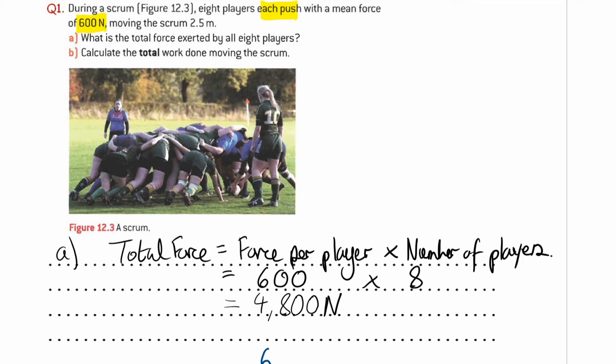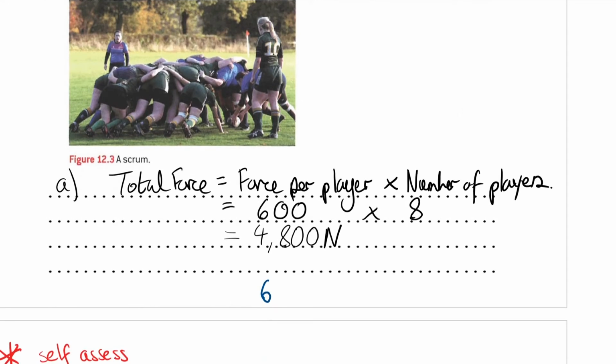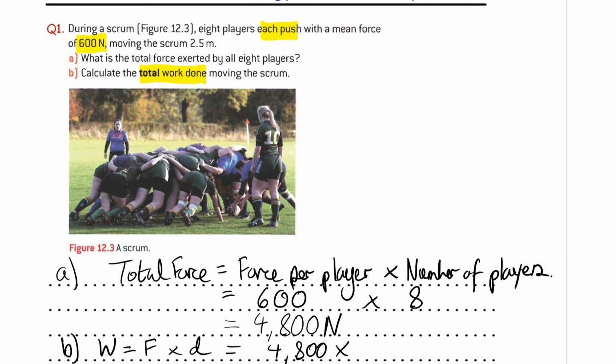To calculate the total work done, you multiply the force by the distance. So all we need to do here is to use that equation. Work done is force times distance, and the distance tells us up above is 2.5 meters.